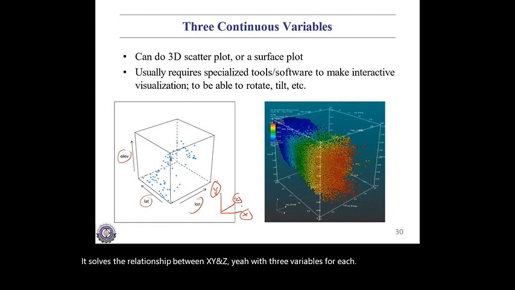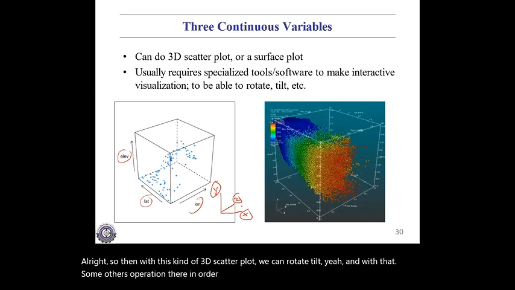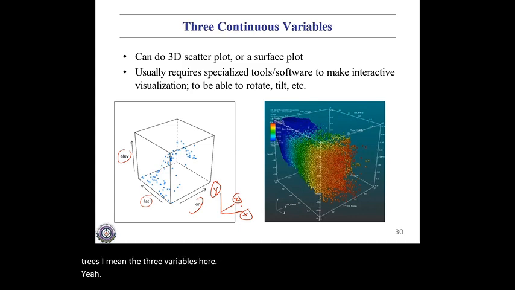With this kind of 3D scatter plot, we can rotate, tilt, and perform some other operations in order to see the detailed relationship for the three variables here. We can perform the rotation and tilt as well.